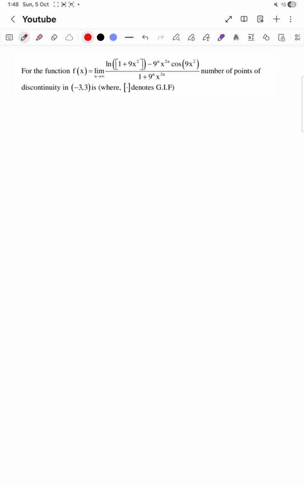So it is very clear that our first step should be grouping 9 and x square.